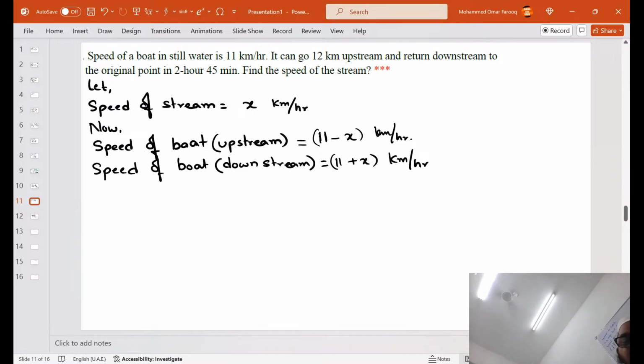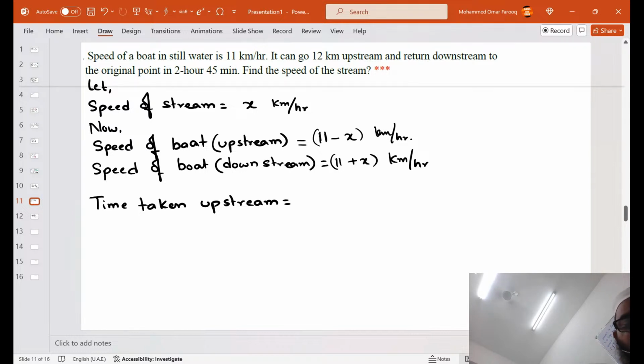So now it can go 12 kilometers upstream and return downstream to the original point in 2 hours 45 minutes. So what is time taken? Time taken upstream. Distance is equal to how much? 12 kilometers.